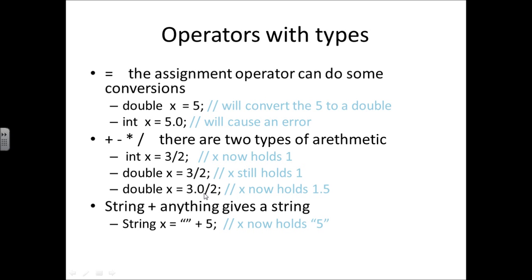It will do double division and stick it in a double variable. So all math, really, addition, subtraction, multiplication, and division, has two types, integer and double. If either of the values is a double, it'll do the double arithmetic.